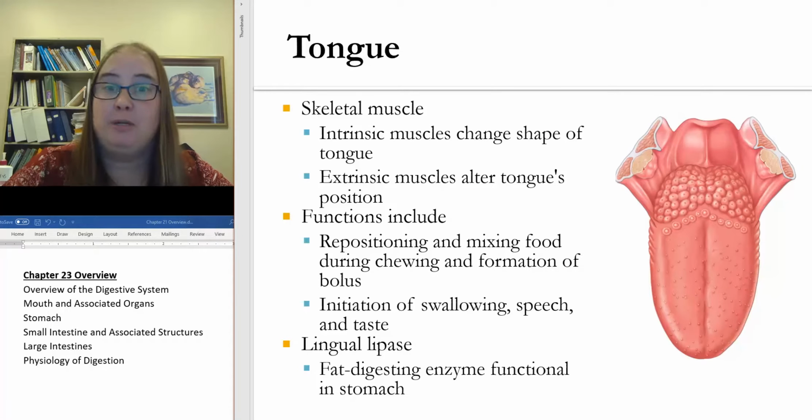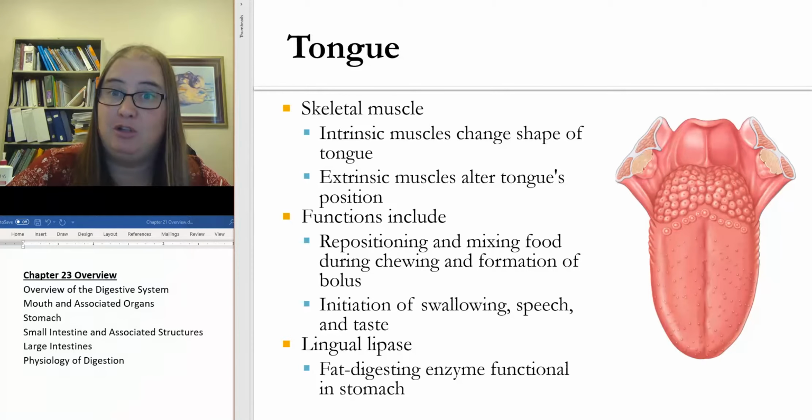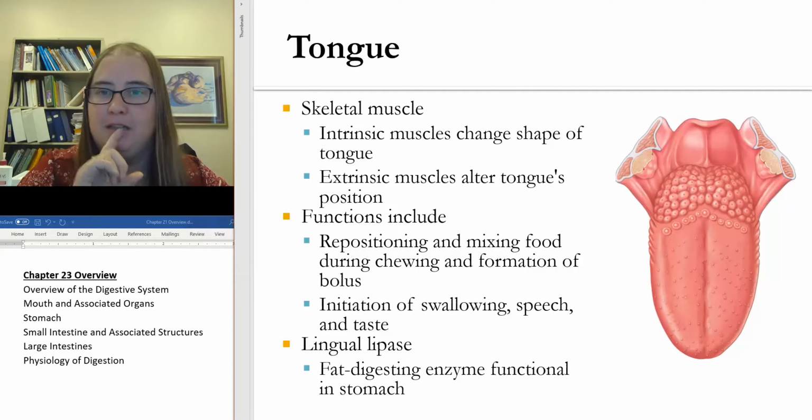So the first one is our tongue. Obviously our tongue is a skeletal muscle. It has intrinsic muscles that change the shape of our tongue and extrinsic muscles that alter the tongue's position. If you move your tongue towards the front or the back of your teeth, positioning, those would be your extrinsic muscles.